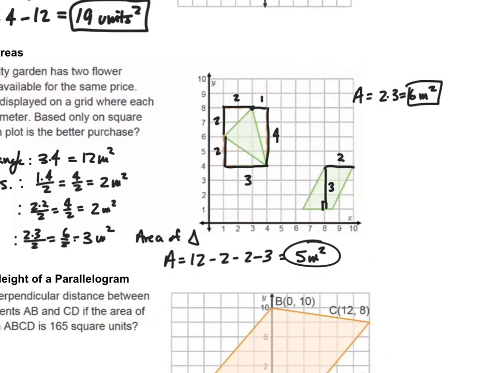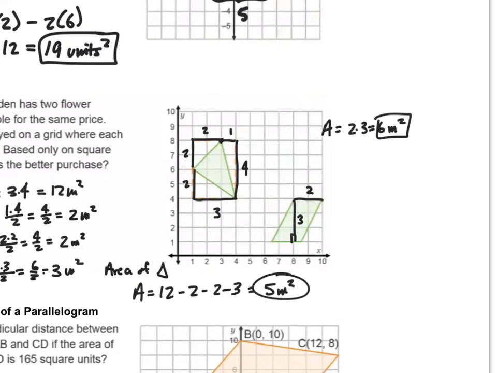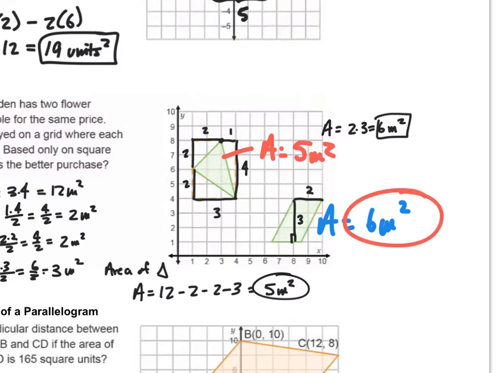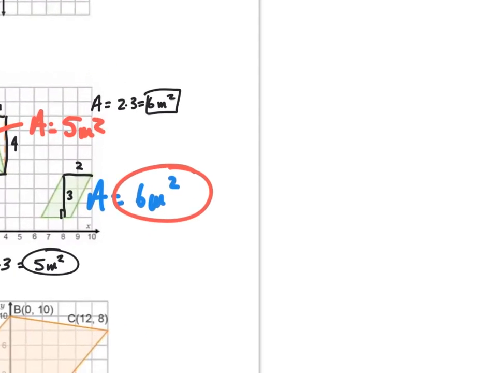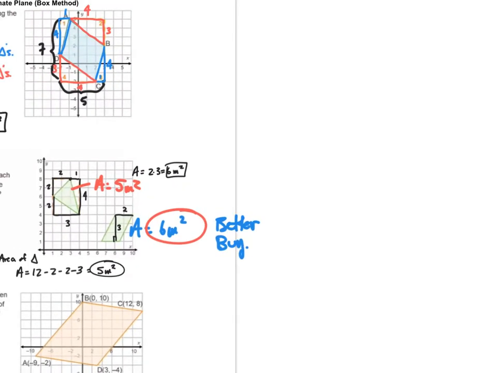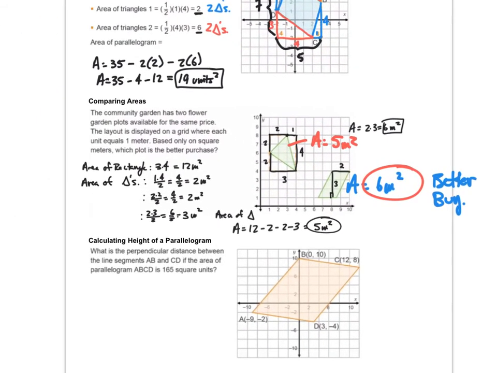So you have these two options where the area of the parallelogram here is equal to 6 meters squared, and the area of the triangle here is equal to 5 meters squared. So that triangle is a better buy. If they're the same price and you're getting more square feet out of this, the area is larger, then that's the one that you'd want to choose.